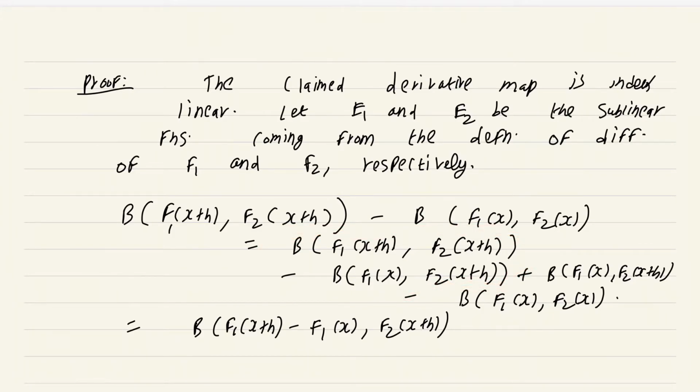In a similar way, we are going to combine these two terms by bilinearity. So you will get plus B of f1 x comma f2 of x plus h minus f2 of x. So we have just applied bilinearity twice to combine certain terms. So we have the term of the required shape.